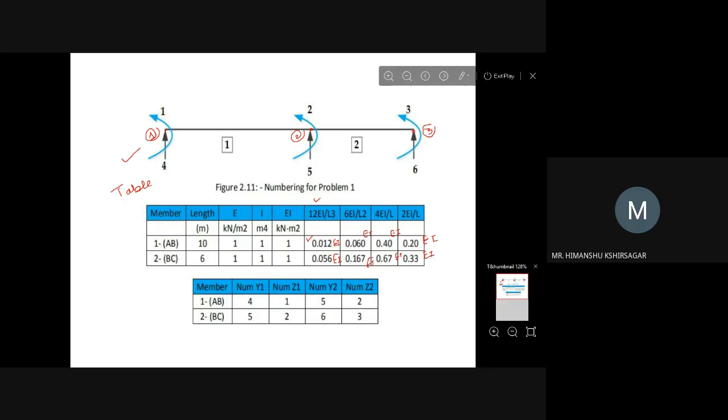Okay, then in this table I have shown that for member 1, that is AB, numbering Y1 is 4, Z1 is 1, Y2 is 5 and Z2 is 2. So member 1, what will be your numbering? 4, 1, 5, 2.